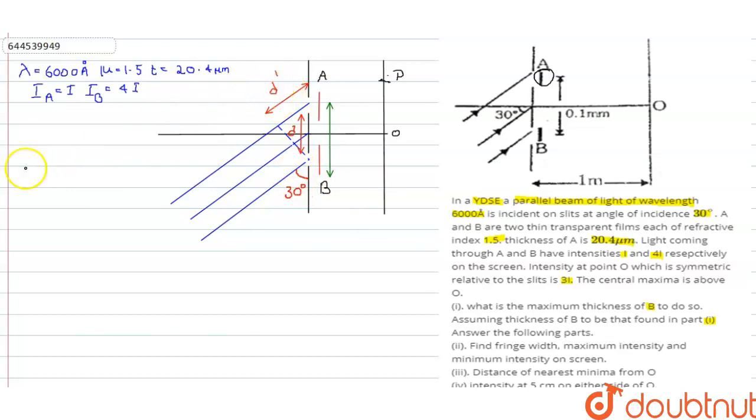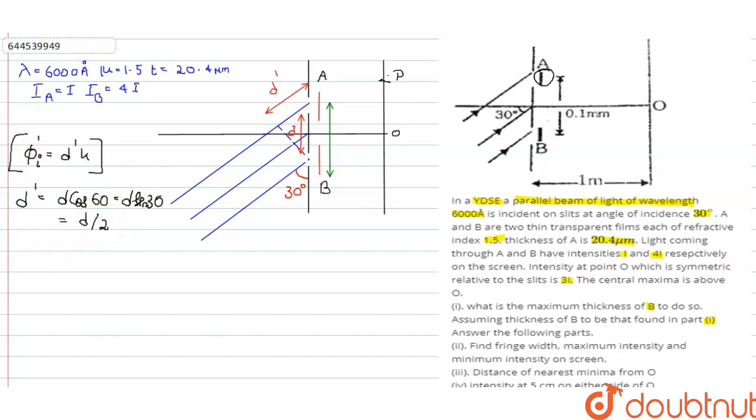D dash, which is the initial path difference, and phi dash, which is the initial phase difference, can be written as path difference times k. The initial path difference d dash can be written as d cos 60 or d sin 30, which can be calculated as d by 2.